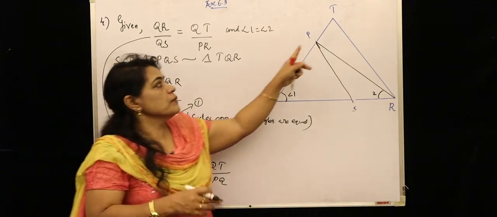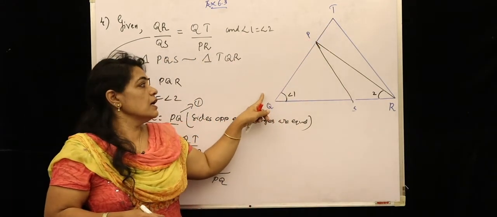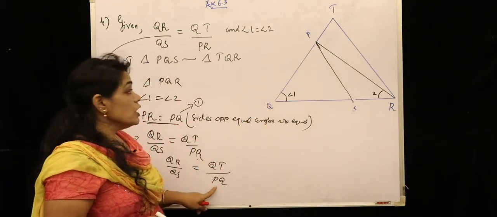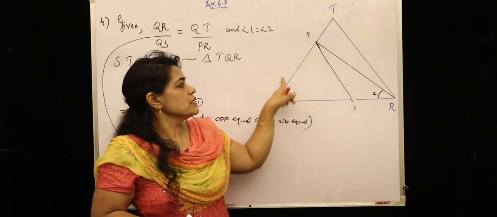QT is another side of the big triangle, divided by PQ. See children, PQ is a side of triangle PQS.